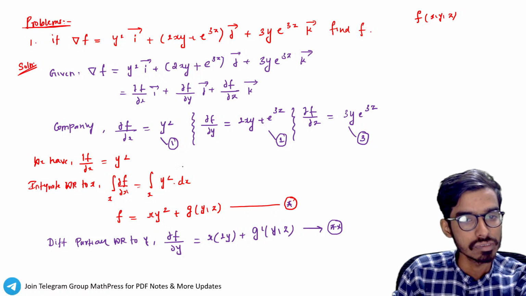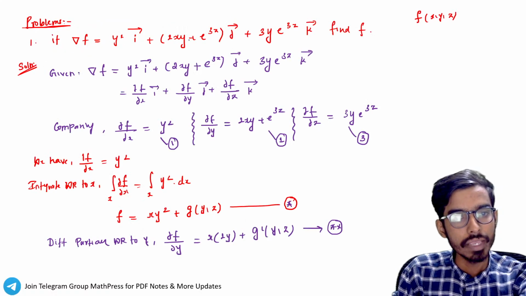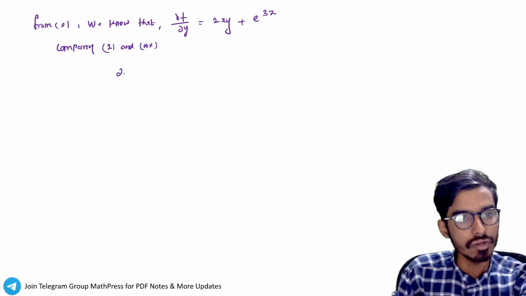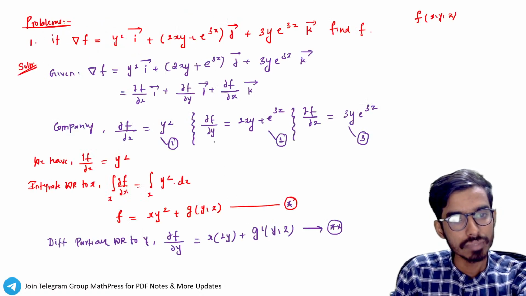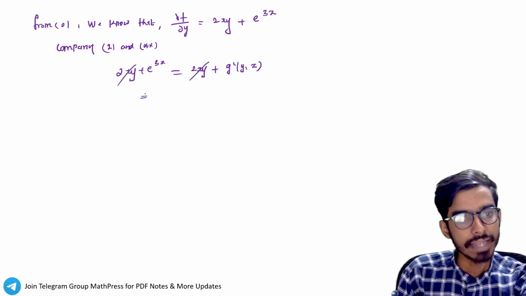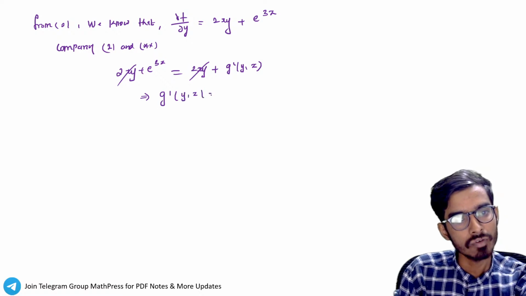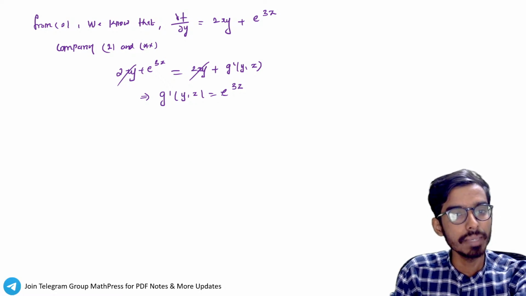Here we have ∂f/∂y, and here we have ∂f/∂y. So 2xy plus e power 3z is equal to 2xy plus g dash of y comma z. If you cancel this, you will have g dash of y comma z equal to e power 3z.